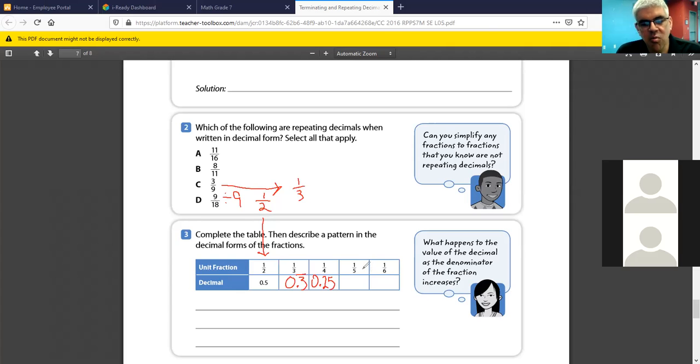All right. 1 over 5. So look at my hand. Let's say that this is 1 unit, my hand, and it's worth $1, 100 pennies.